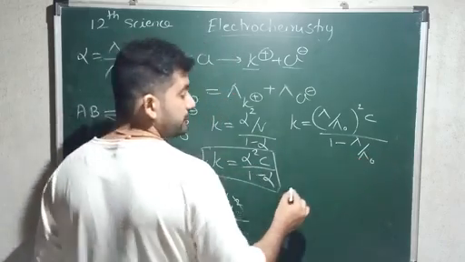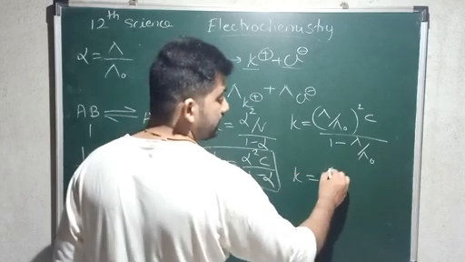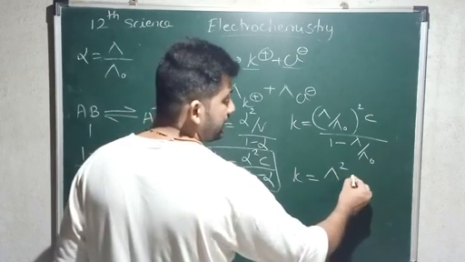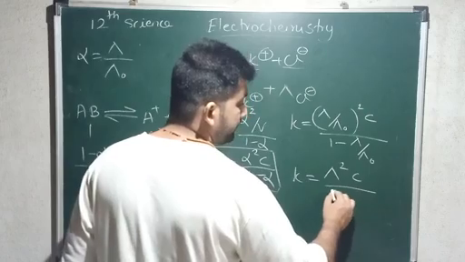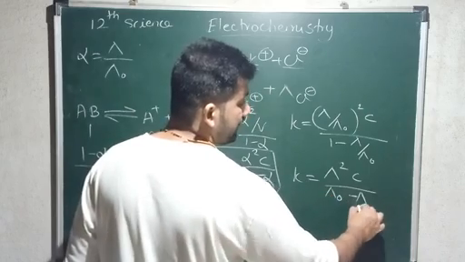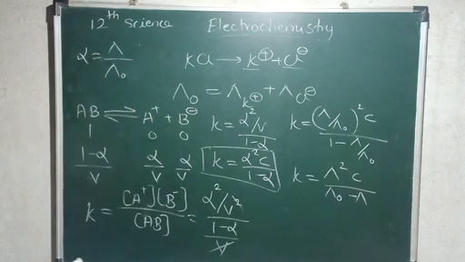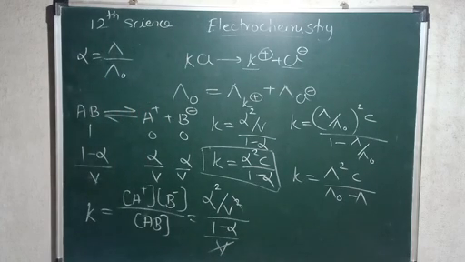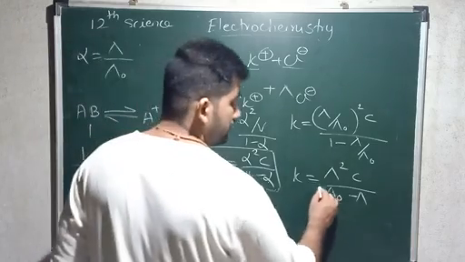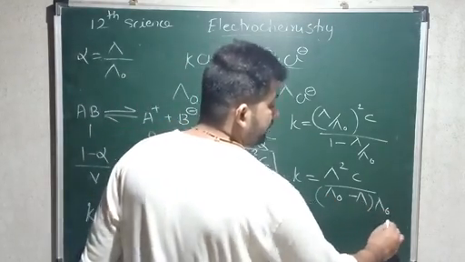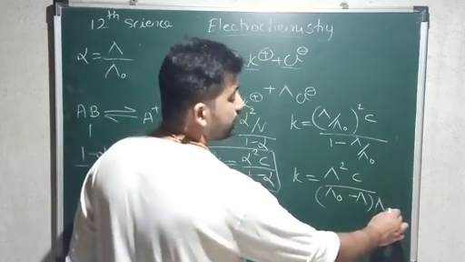So K is equal to lambda square C upon lambda 0 into lambda 0 minus lambda. This will be our final equation.